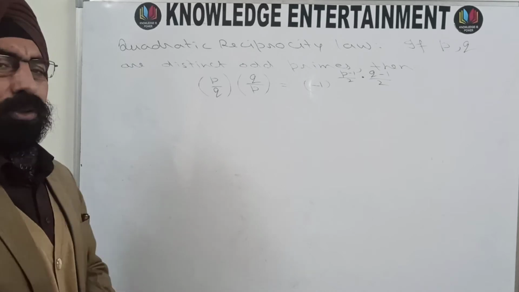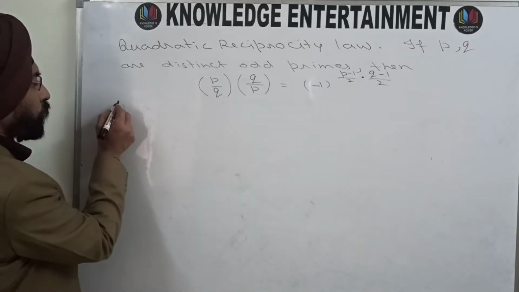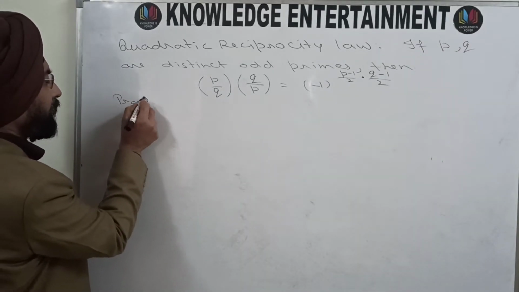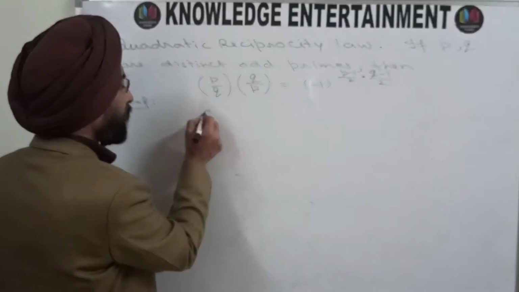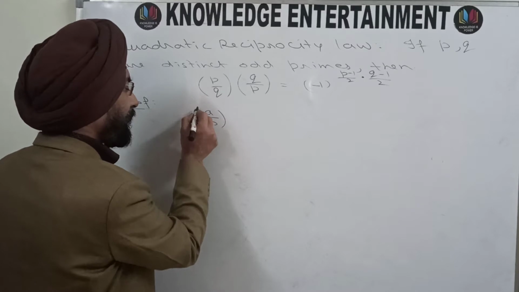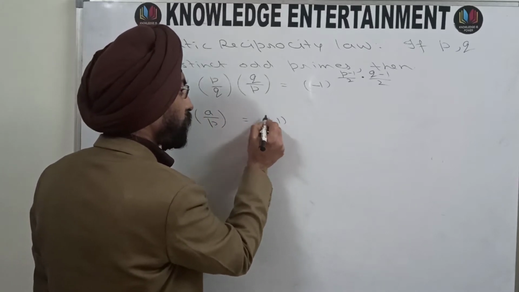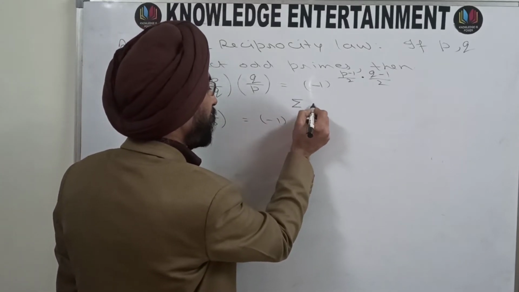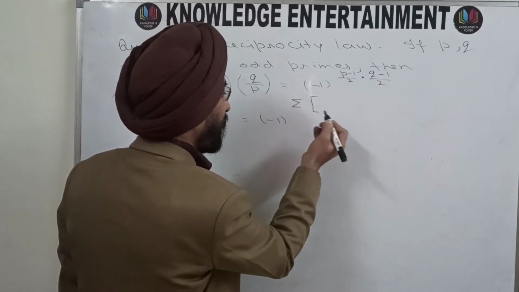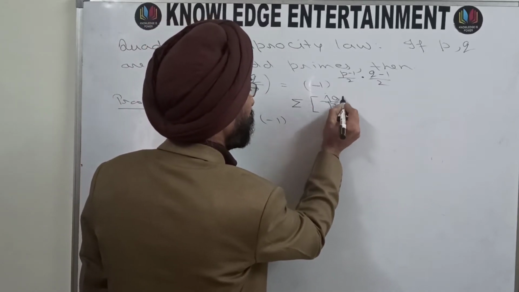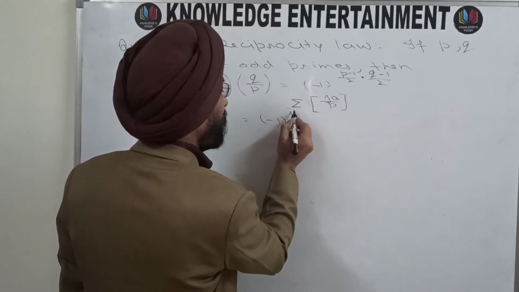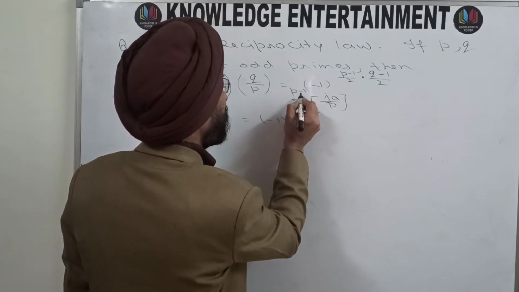And we will use the previous theorem. First I am going to write the statement of the previous one, in which we proved that the Legendre symbol a by p is equal to minus 1 raised to the power sigma of the box, that means the greatest integer function, of j a by p, where j varies from 1 to p minus 1 by 2.